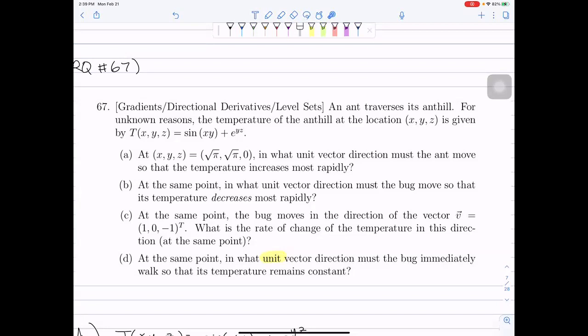Okay, so in this example here, from recitation question 67, we have an ant traversing some anthill, and the temperature is given by T. So notice again that our equation is given as an implicit equation, meaning there's one formula, one output. So our function right now is T of this.